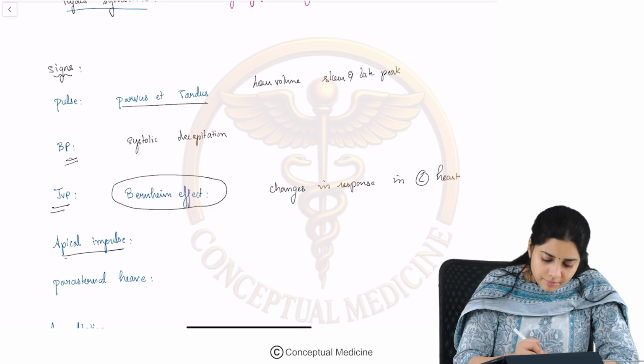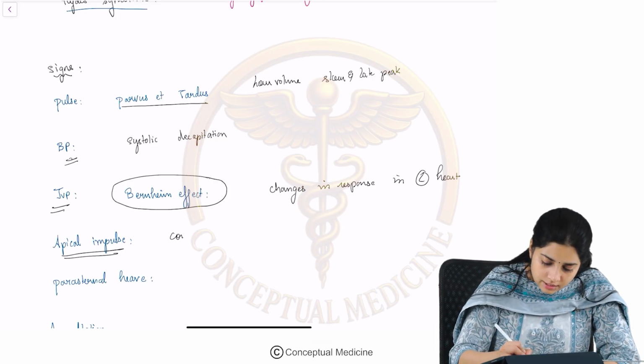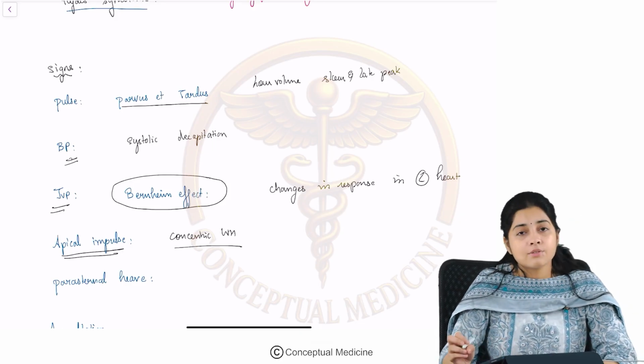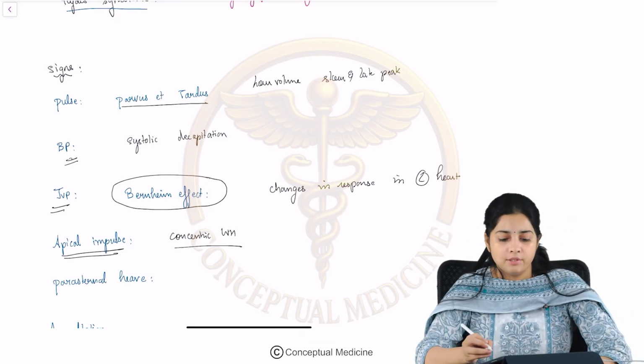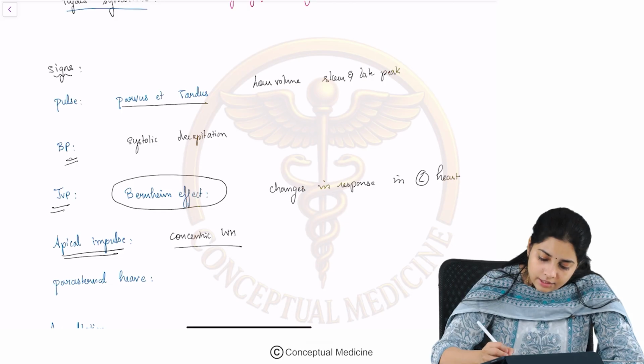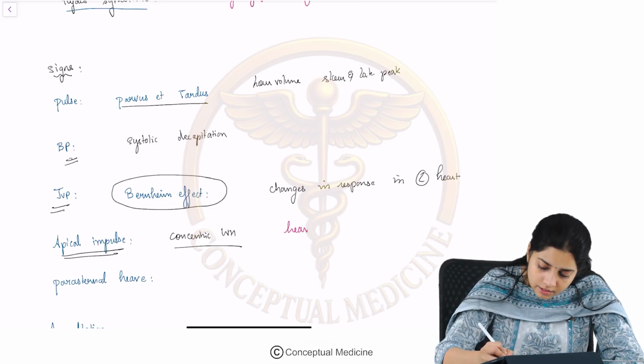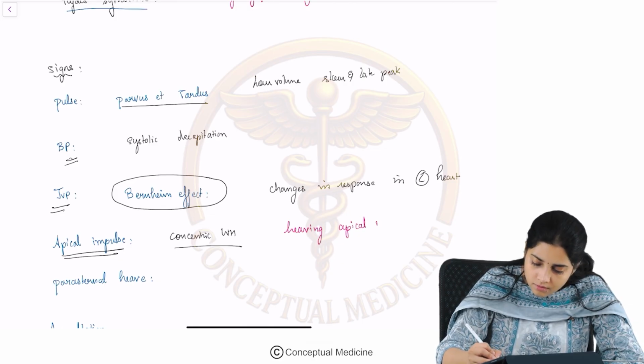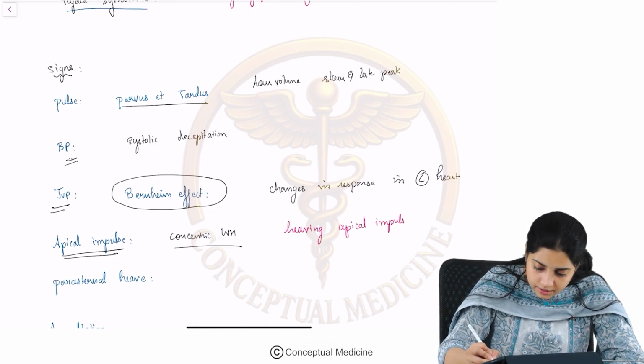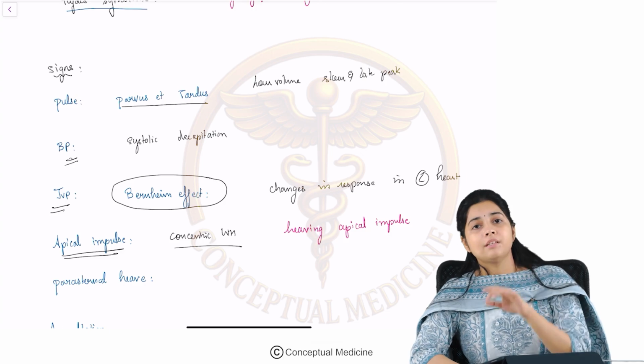What happens to the apical impulse? Now, here there is a concentric LVH, right? So, in initial stages the apical impulse will not be displaced. What is the nature of the apical impulse? You have a heaving apical impulse.